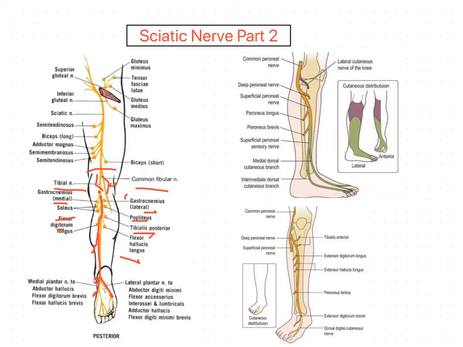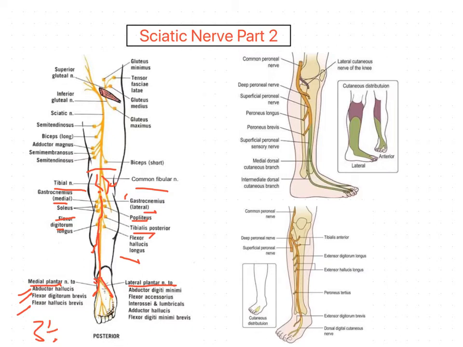If you see the plantar nerves, that is the medial plantar nerve and the lateral plantar nerve. The medial plantar nerve supplies abductor hallucis, flexor digitorum brevis and flexor hallucis brevis. Cutaneously, it supplies the medial 3.5 toes as well as the nail beds.